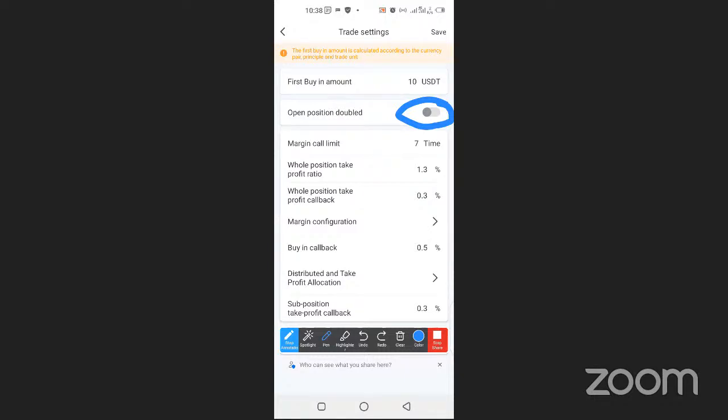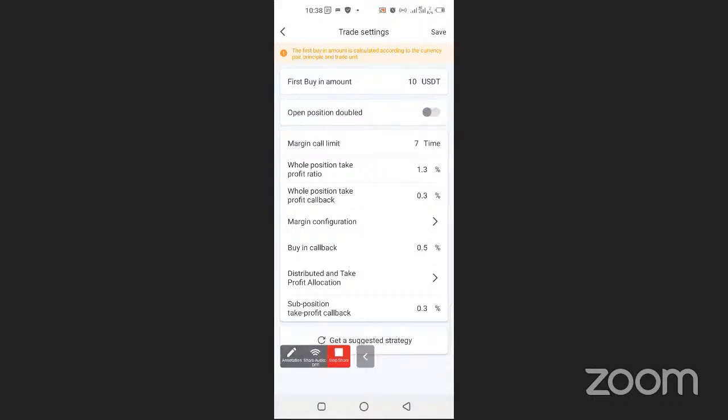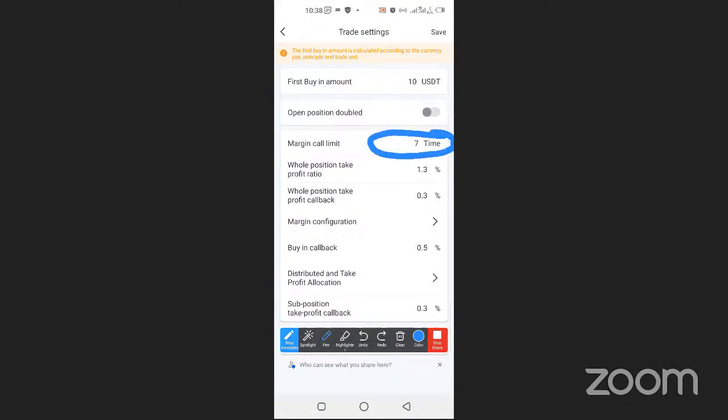If it was going to put in 10, let it double and make it 20. Then it has the next parameter called margin call limits. Margin call limits are the number of times that you want the bot to buy, all right? How many times will the bot buy? You can change according to your capital.